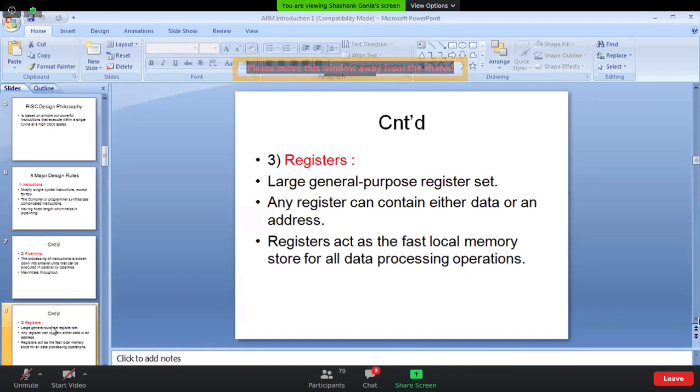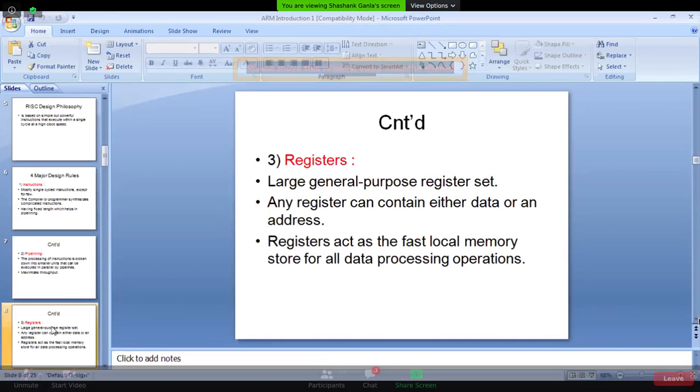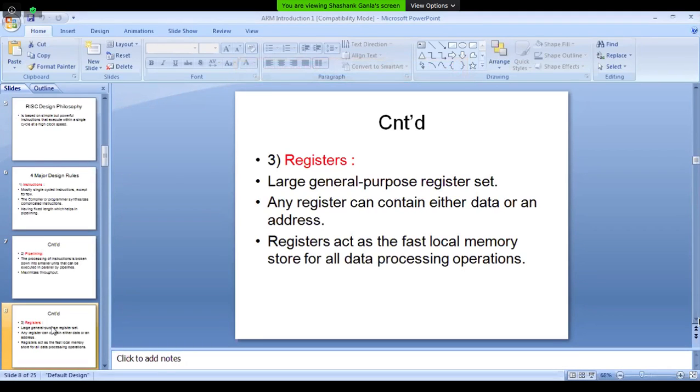So we say that the RISC architecture supports register intensive processing and CISC architecture supports memory intensive processing.